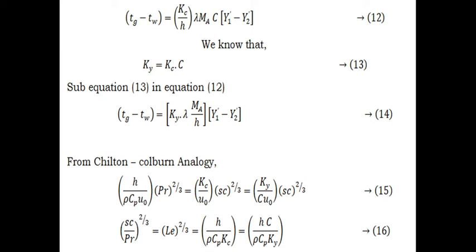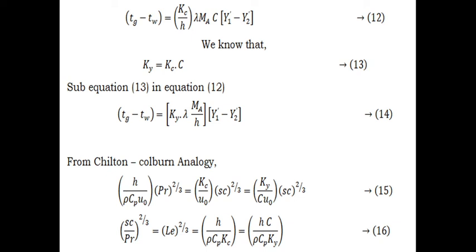From the Chilton-Colburn analogy, this is the final expression from that analogy; you can refer to that video. From that video, h by rho cp u naught, Prandtl power 2 by 3, is equal to Kc by u naught, Schmidt power 2 by 3, is equal to Ky by c into u naught, Schmidt power 2 by 3. This is the 15th expression.